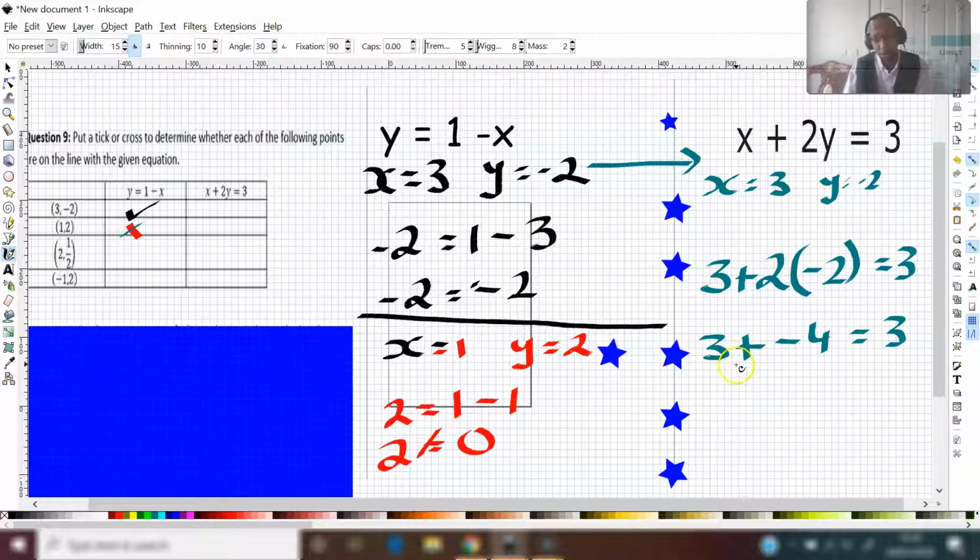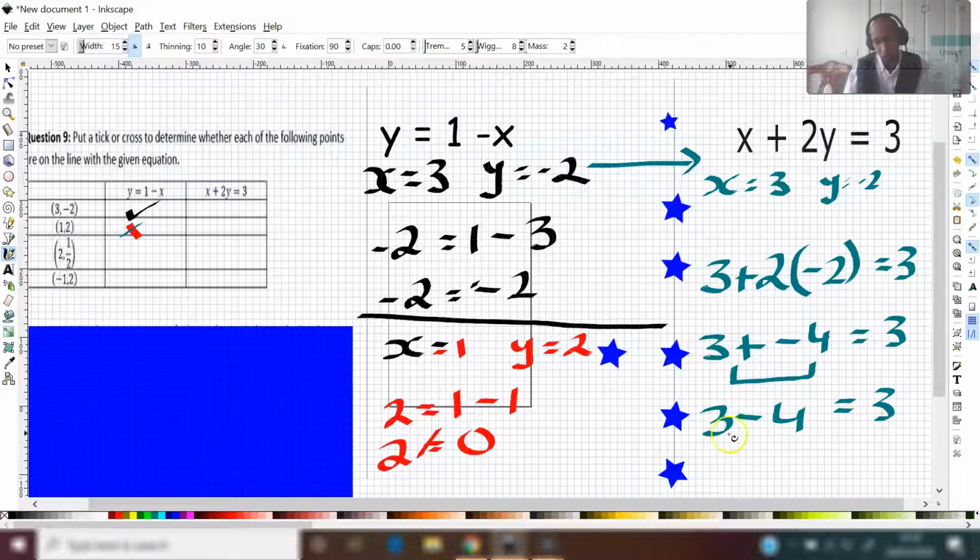Now, you've done this already: what do you get when you have a positive and a negative together like this? That's correct, we do get a negative, so that'll be 3 minus 4, and we're trying to see if 3 minus 4 equals 3.